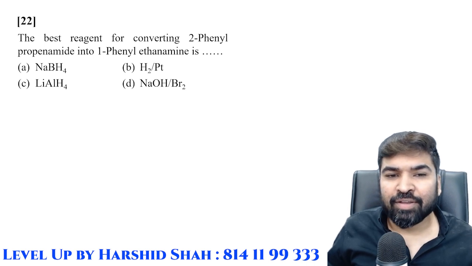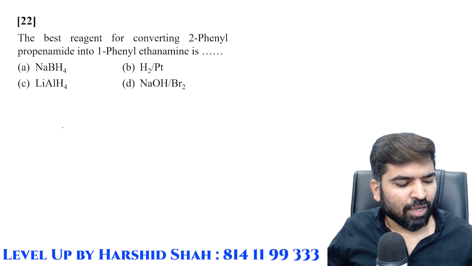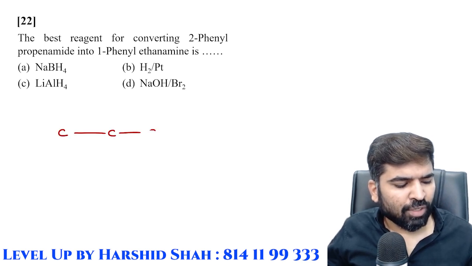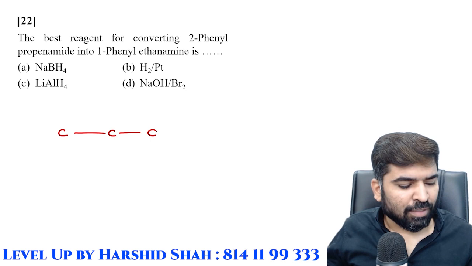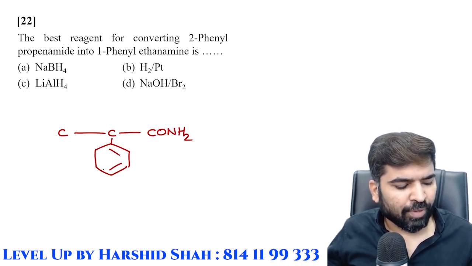The best reagent for converting 2-phenylpropenamide, actually it has to be propanamide, it is written wrongly, into 1-phenylethanamine. So if you can see, there is 1, 2 and 3 propanamide, CONH2, and we have a benzene group here, right? Can you see that?